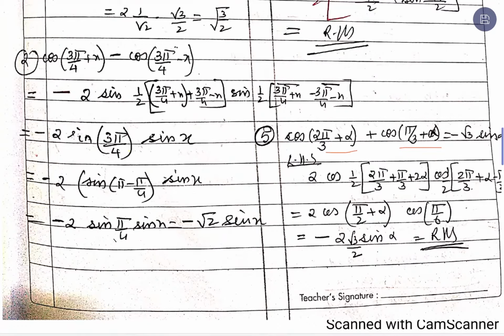So cos c plus cos d is 2 times cos of half of the sum of the angles, cos of half of the difference of the angles. The sum of the angles: 2 pi on 3 plus pi on 3 makes it 3 pi on 3, that is pi, and alpha and alpha adds as 2 alpha. So this is nothing but pi on 2 plus alpha. And here 2 pi on 3 minus pi on 3 is pi on 3, so this is pi on 6, and alpha minus alpha gets cancelled. So what is left is the right hand side.